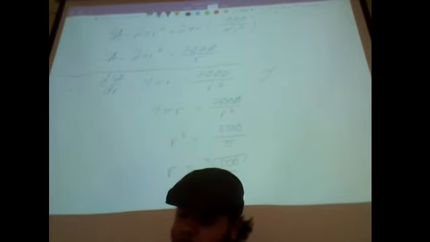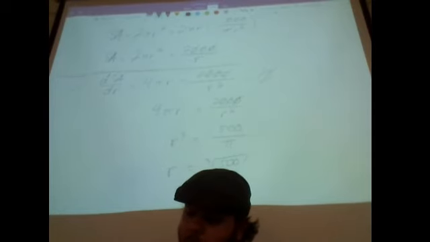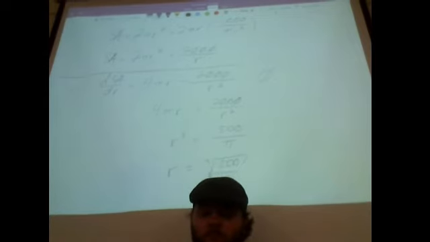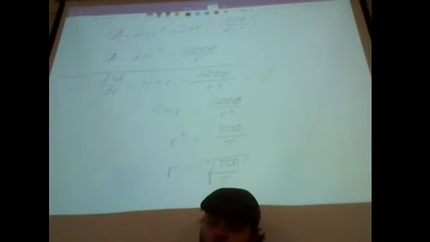Solve for r when this is equal to 0. So 4 pi r is equal to 2000 over r squared. So r cubed is equal to 500 over pi. In other words, the radius is equal to what? The cube root of 500 over pi.